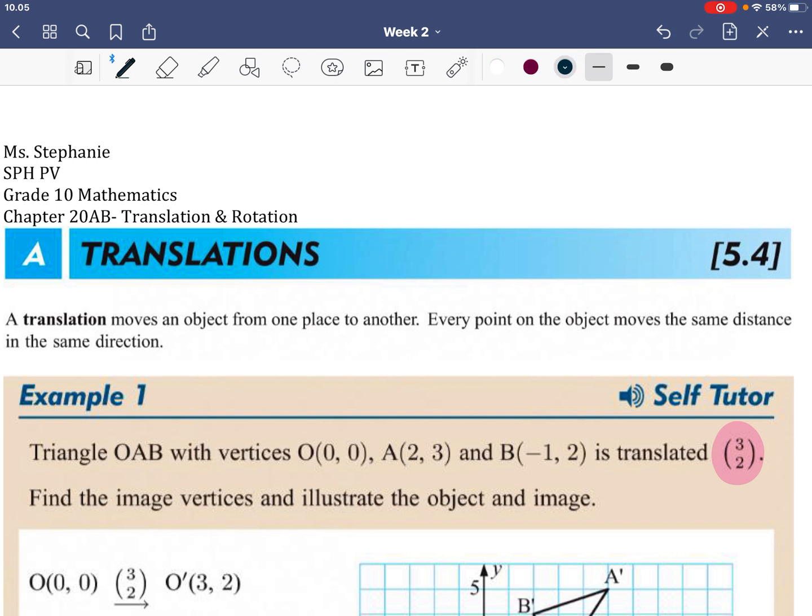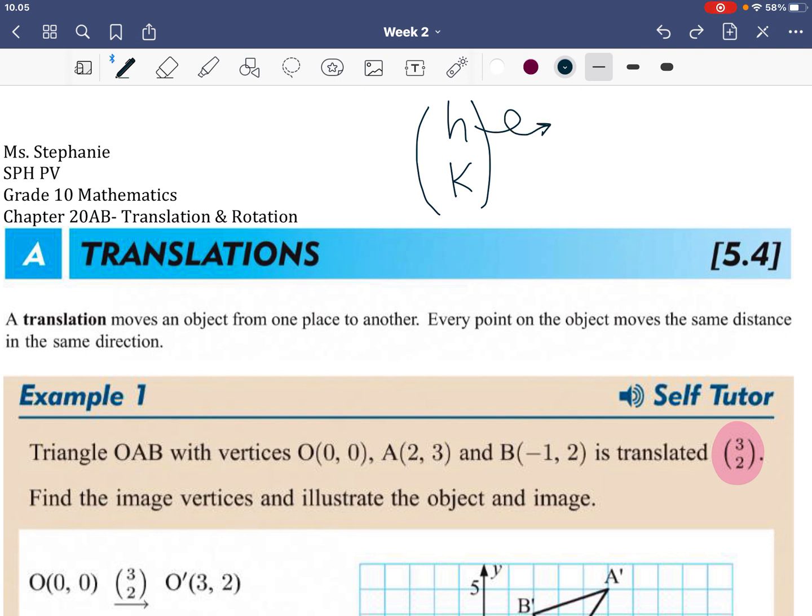So 3, 2 here is actually represented by HK. So this vector component here in transformations, this is how much you move.